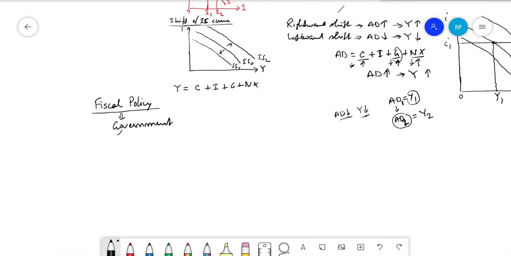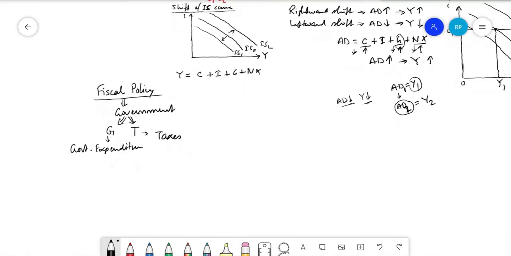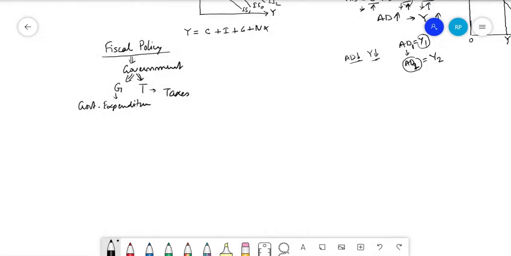What are the instruments of fiscal policy? Fiscal policy has two instruments. One is known as G and one is known as T. G stands for government expenditure and T stands for taxes. G and T.